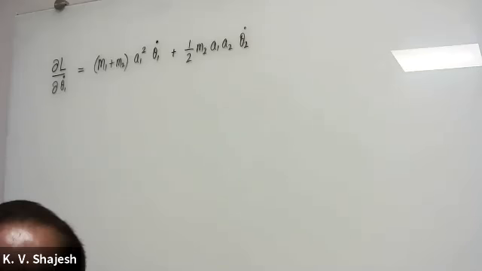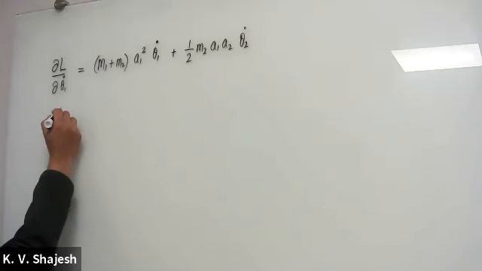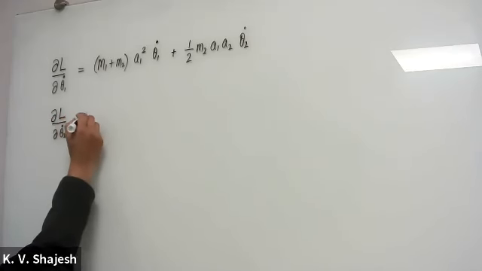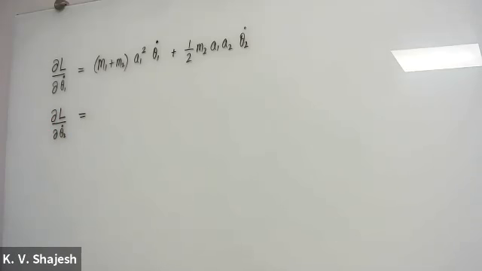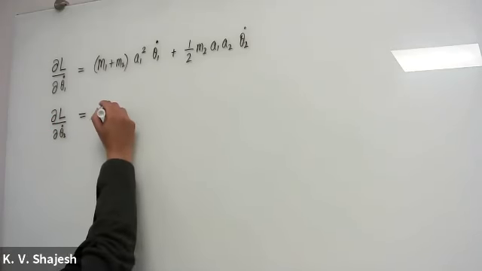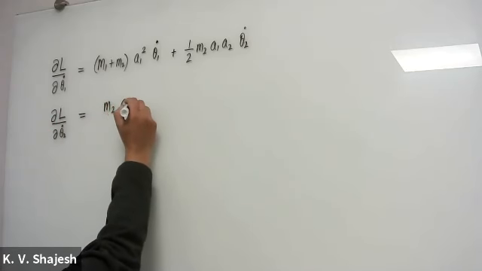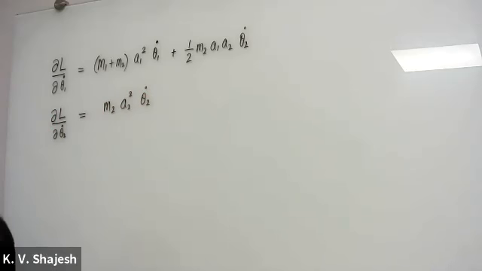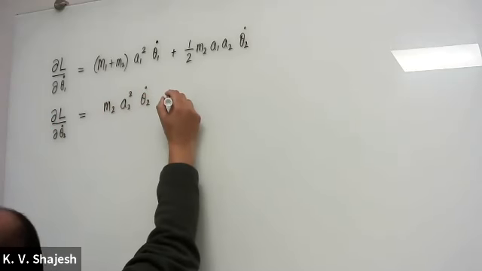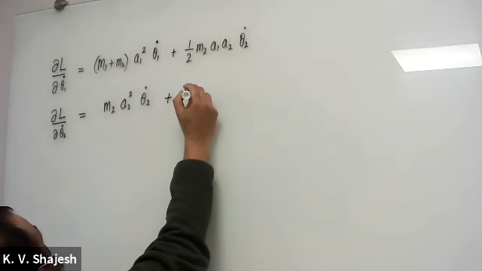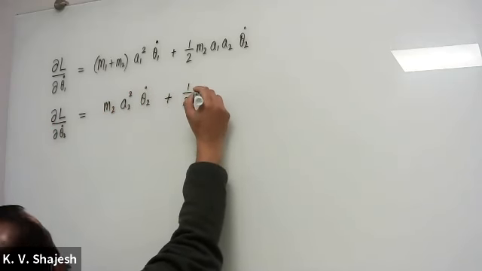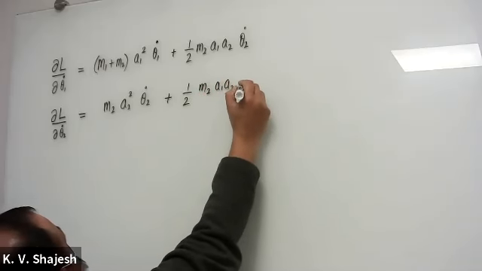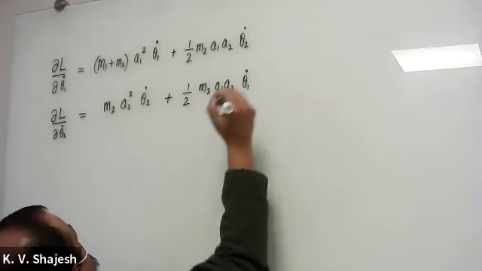And for theta 2 dot, it is equal to m2 a2 square theta 2 dot and plus half m2 a1 a2 theta 1 dot.